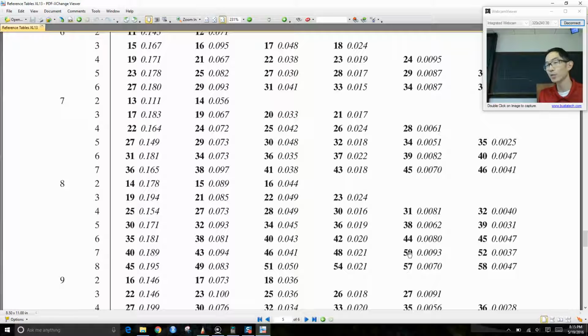Because of the way the test works, sometimes you get the exact value, but sometimes we're in between, and we're okay with this. It's between 48 and 50, so that means our corresponding tail area is between 0.021 and 0.0093.